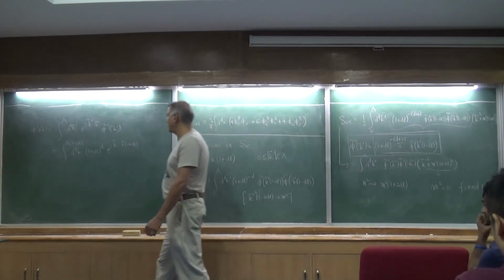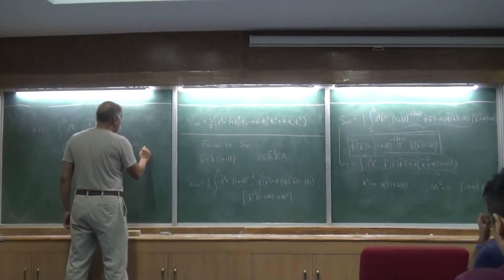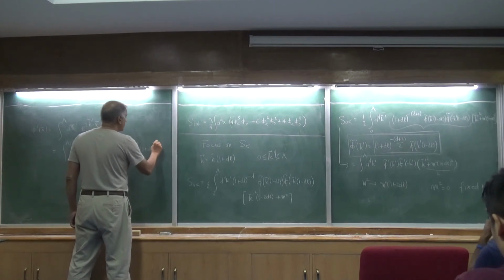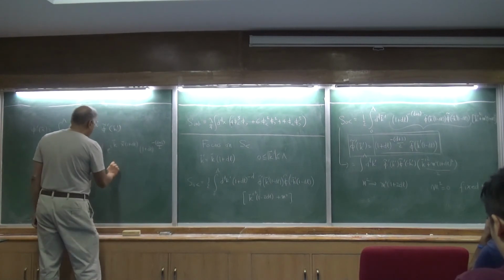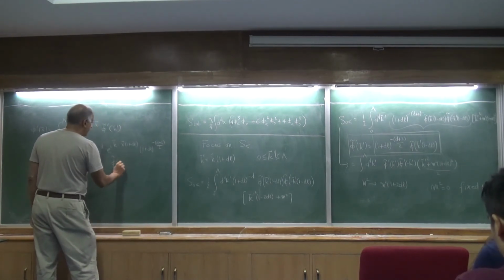So that looks like (1 + dl) to the power minus (d + 2)/2, times phi tilde of k.